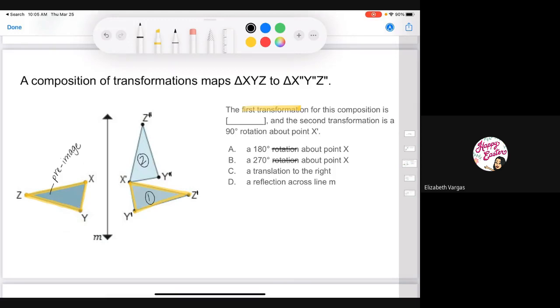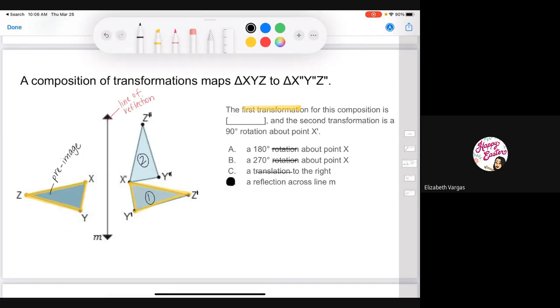Well, if we translated it to the right, then what is this line right here? So not a translation. Is it a reflection across line M? Well, M is in fact our line of reflection, and because we see that line, we know we have to have some type of reflection. And so D is in fact our answer. D is the first transformation that's taking place.